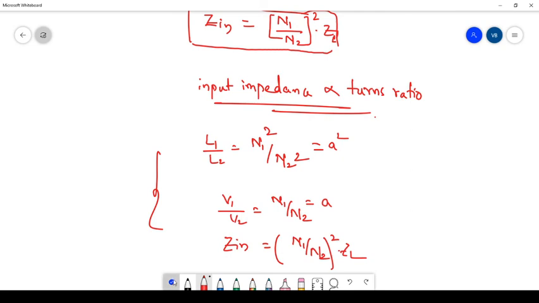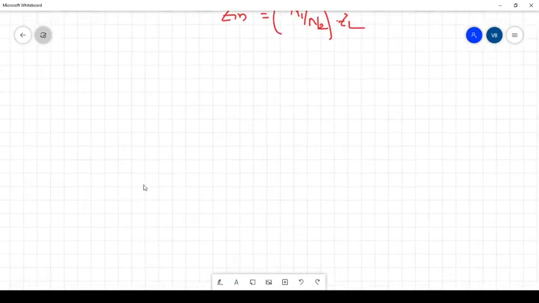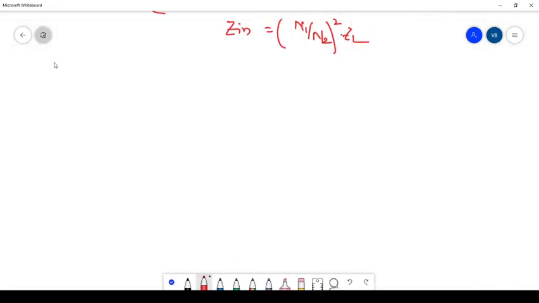So next one, which is the T equivalent circuit. Equivalent T network for magnetically coupled circuit.